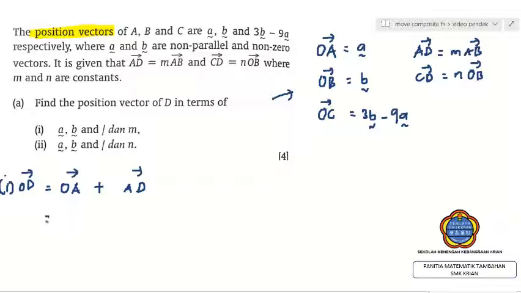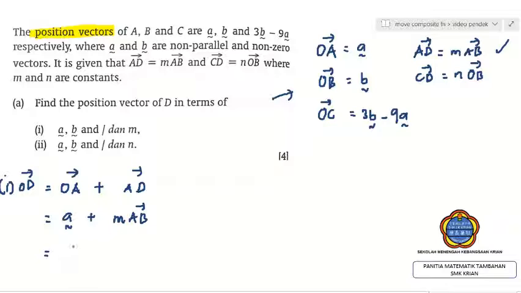What is OA? OA is a. What is AD? AD is m AB. You choose from here. Still not finished because we don't know what AB is. How to get AB?